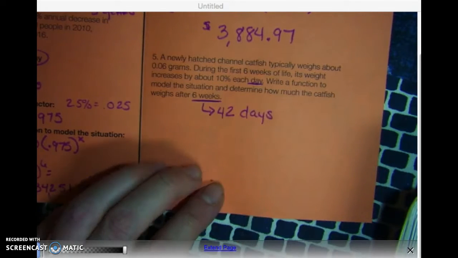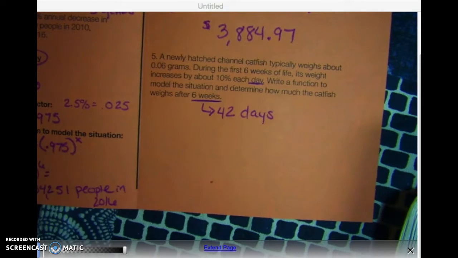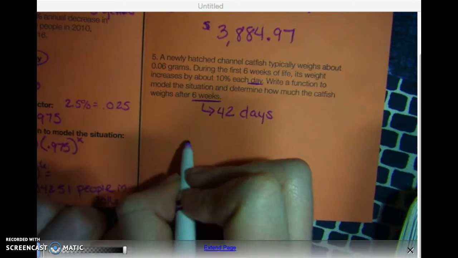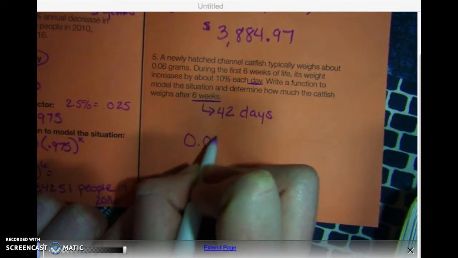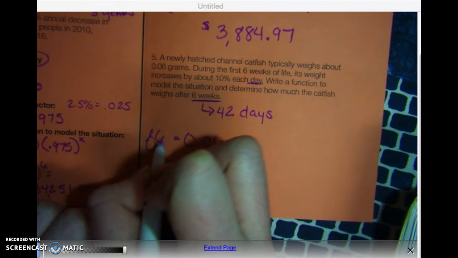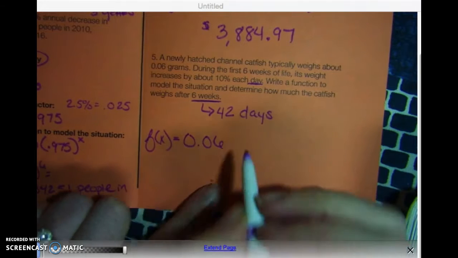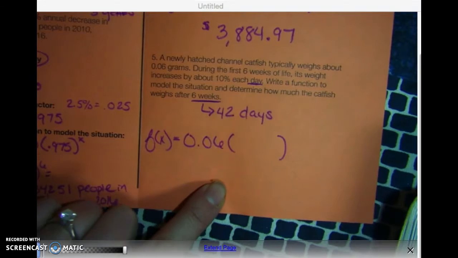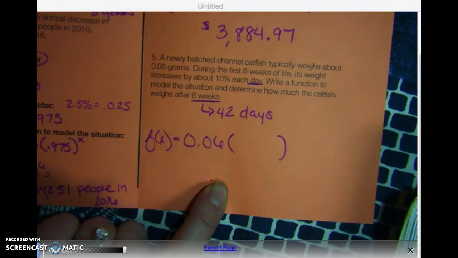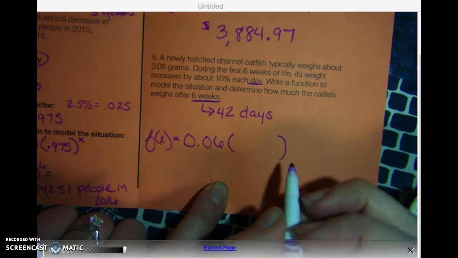Our labels aren't going to be the same, so they have to match up. So what does this catfish start out with? 0.06. F of x. All right. Is this fish growing or decaying? Growing. I hope it's not decaying. That would kind of be gross.